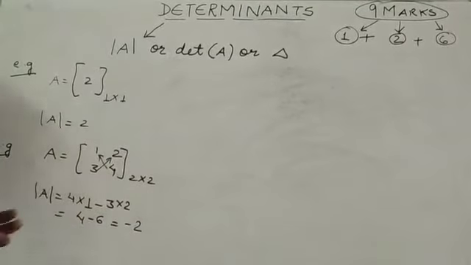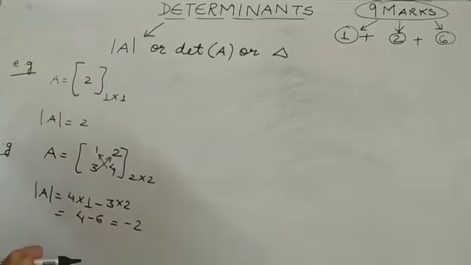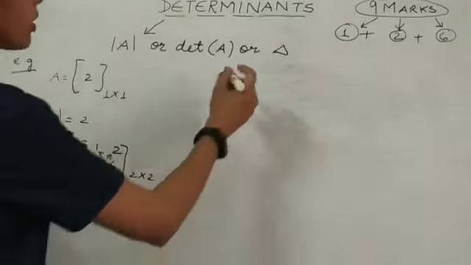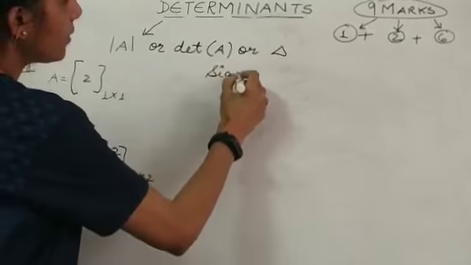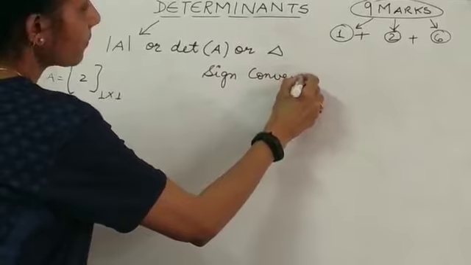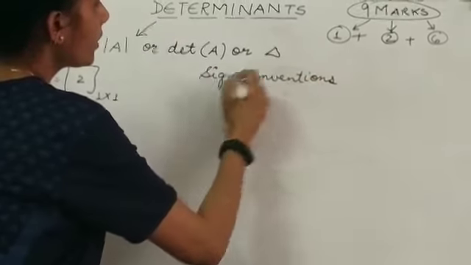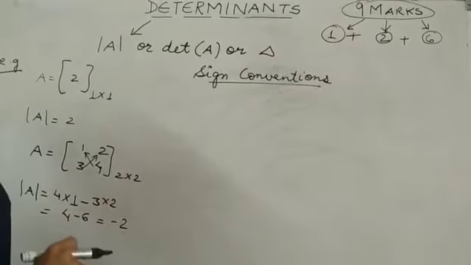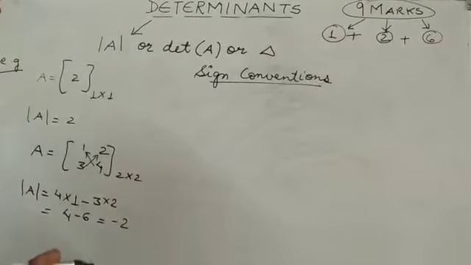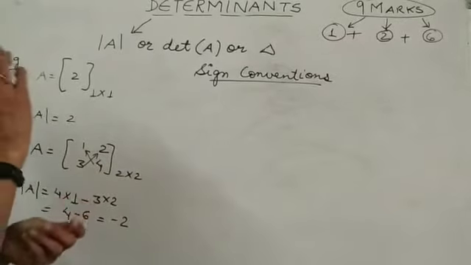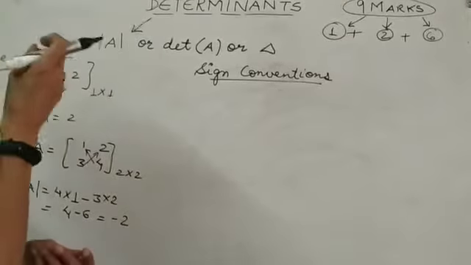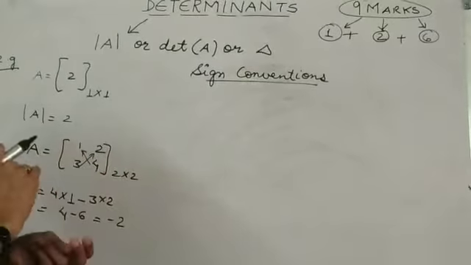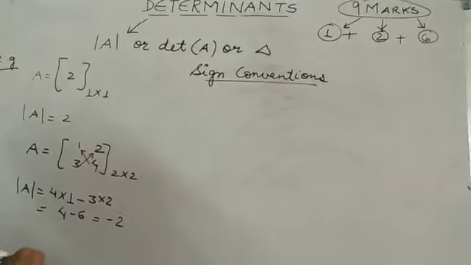Now, before starting with the 3 into 3 order matrix, let us discuss sign conventions. What are these sign conventions? Children, whenever you want to find the determinant of a 3 into 3 matrix, first of all you need to find the sign of the element which you are taking to expand along any row or any column.